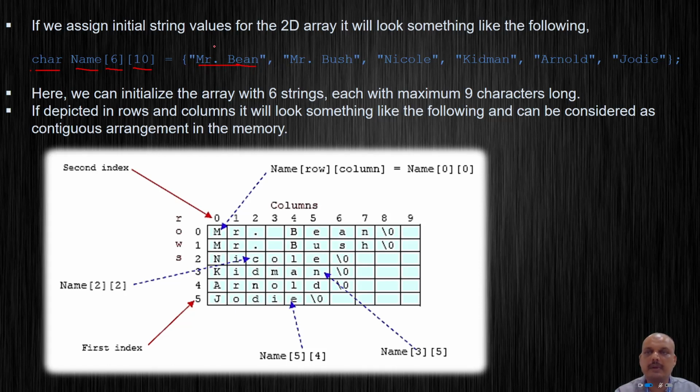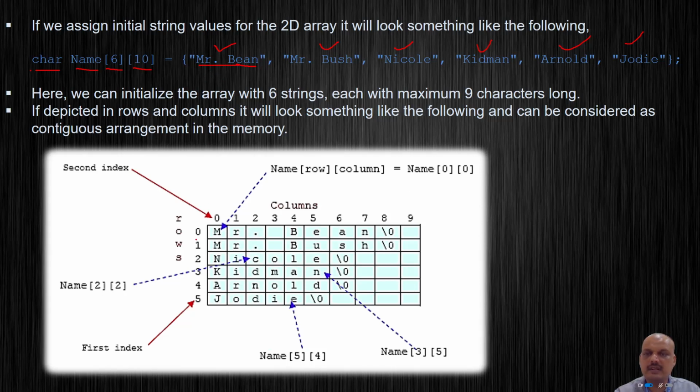So this would be my first element or the first string, the second, the third, the fourth, the fifth and the sixth. Given here is pictorially how the C compiler organizes this array of strings in its memory.